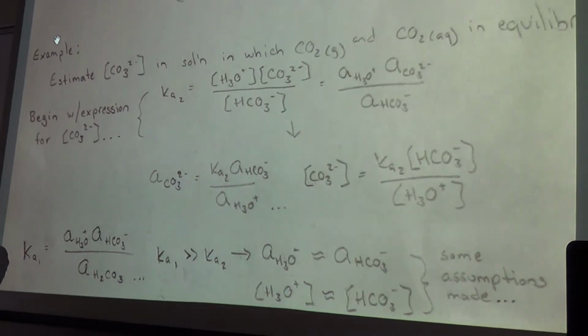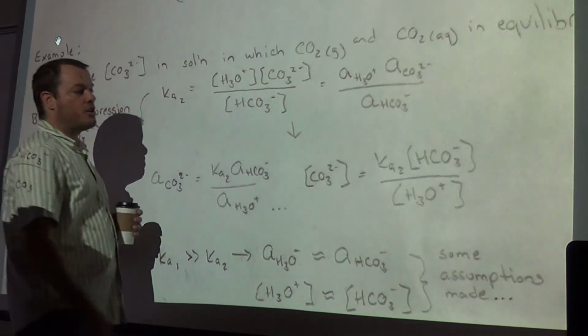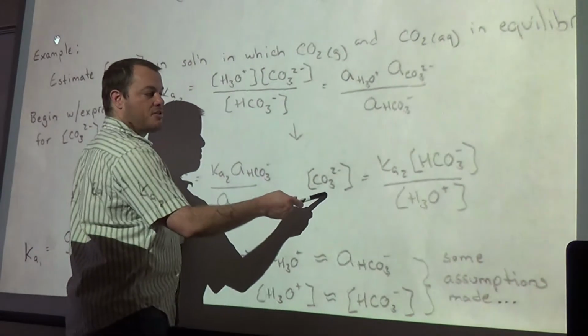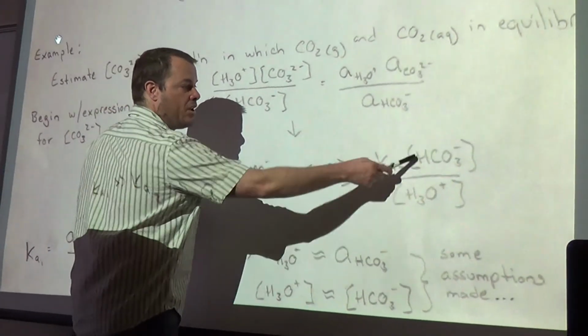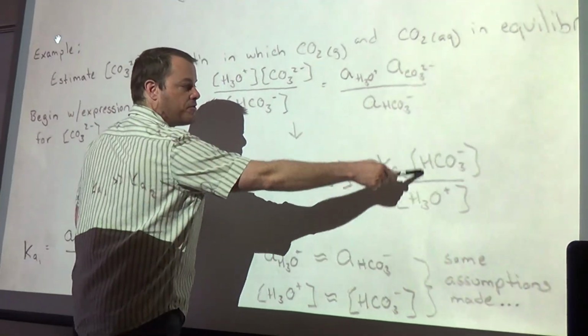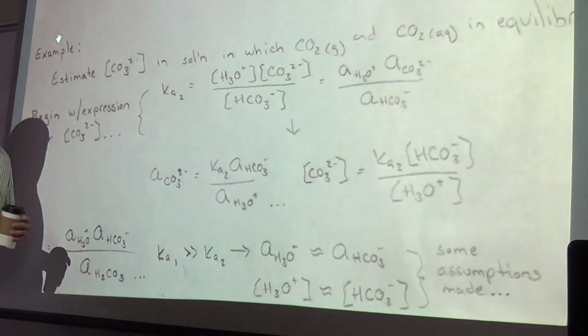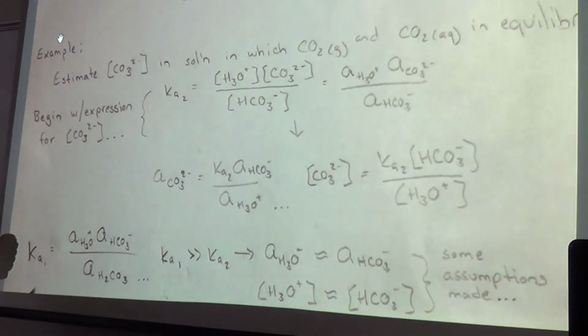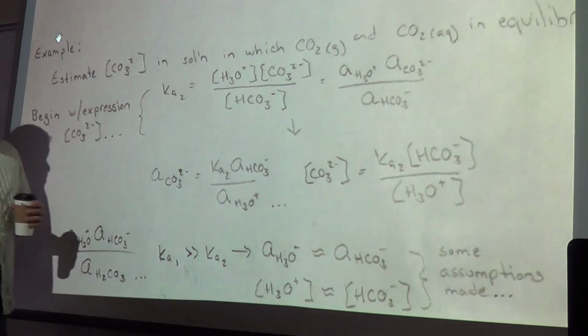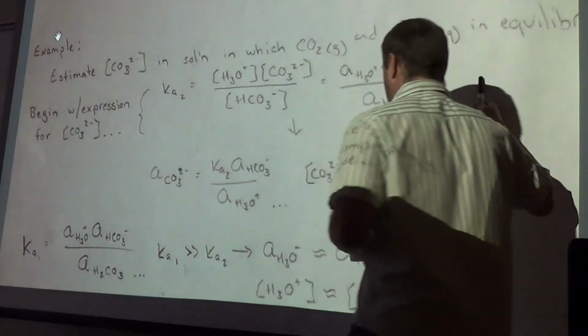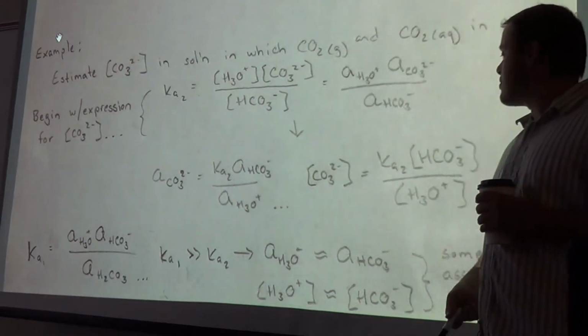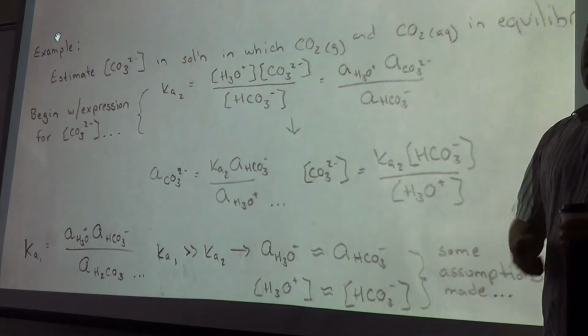What that does is it allows us to go back to our expression for conc CO3 2-. We've got the ratio of the two concentrations that we said were about the same because they're governed by Ka1. And so we can just draw a line through these and say that conc CO3 2- is equal to Ka2.